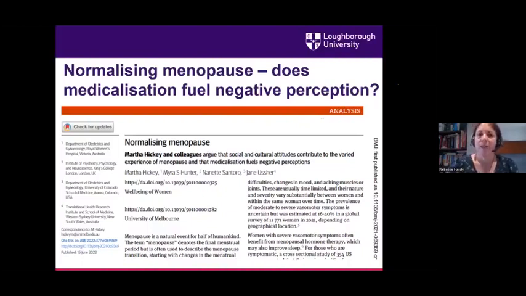So I found this really nice, very recent paper about normalizing the menopause and how the medicalization is not an illness, it's not a medical condition, it's a natural transition. So we don't want to medicalize the menopause transition, which might then fuel these negative perceptions for women.